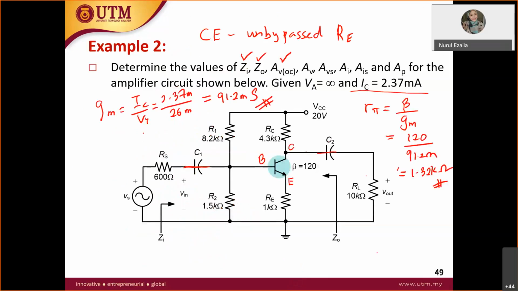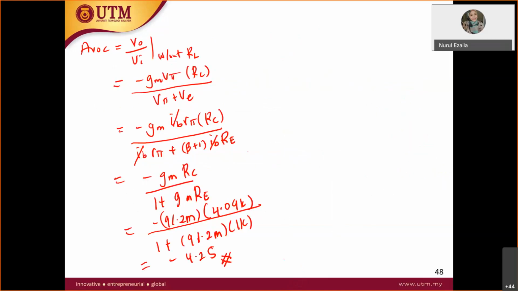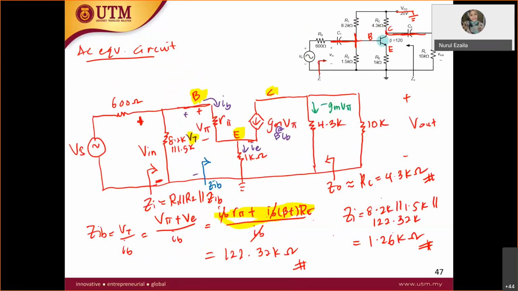We're going to repeat again for the AV with RL. Why not I put it side by side so you will be much clearer. So we have V in with RL now. If it is with RL, then the V out, you consider both resistors in parallel, which is RC and RL.